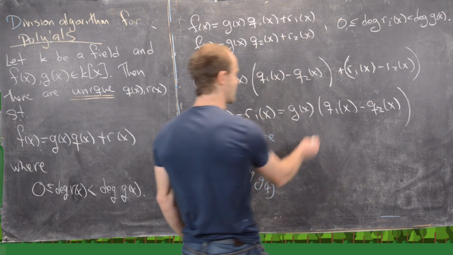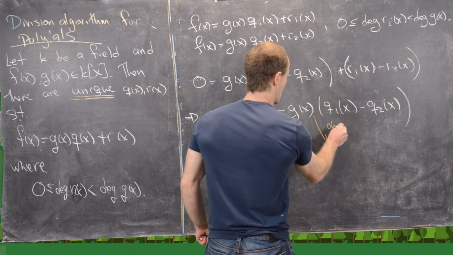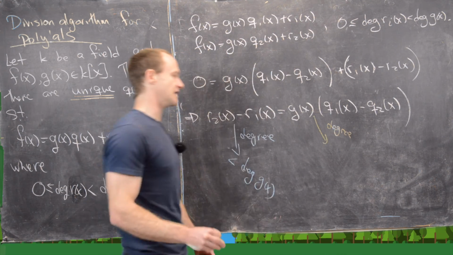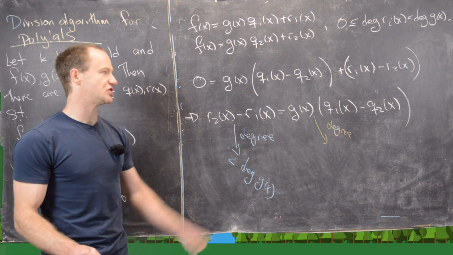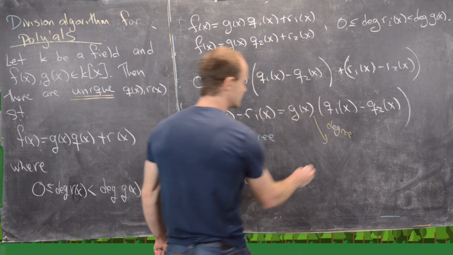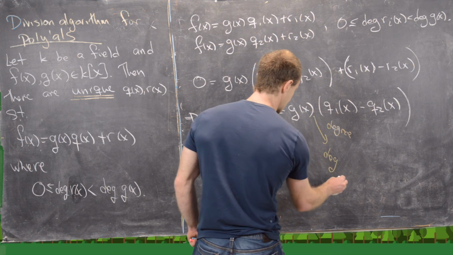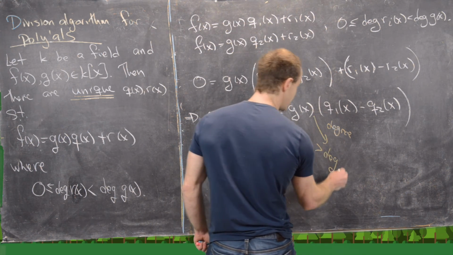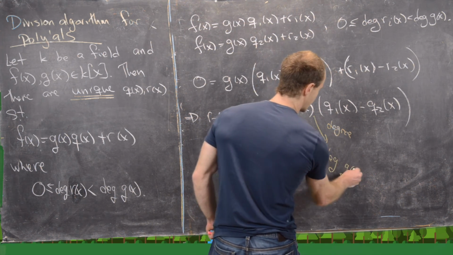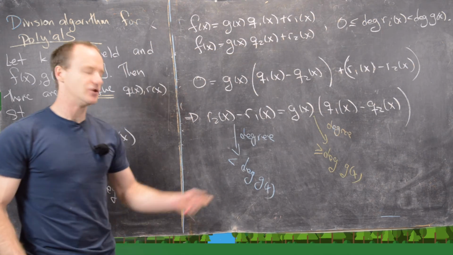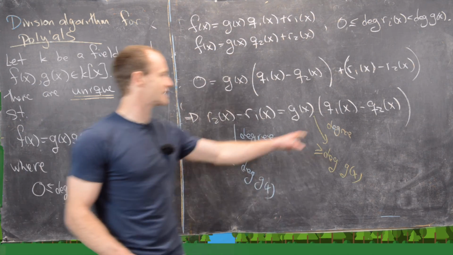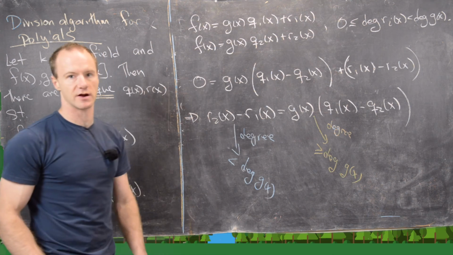But then if we take the degree of the right-hand side of the equation, well, we're multiplying g of x by a new polynomial. So that means the degree of this thing is bigger than or equal to the degree of g of x. And you might say, well, why is it not strictly bigger? Because this could be a constant polynomial over here.